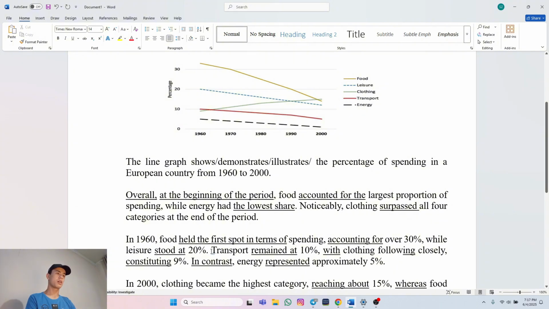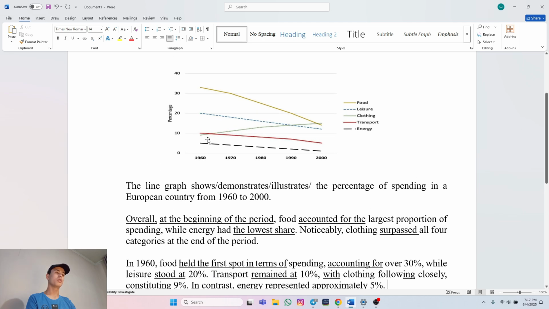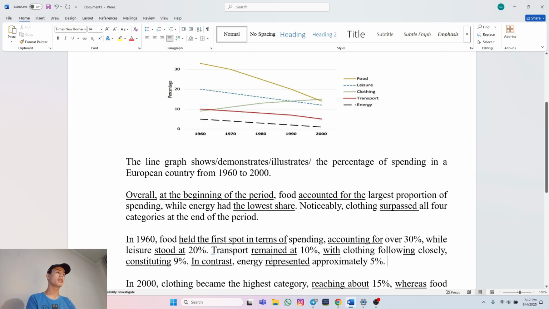Okay, transport, the red one, transport remained at 10%. Remained at. You also use this word to show what kind of percentage your category is standing at, right? The red one is standing at 10%, right?